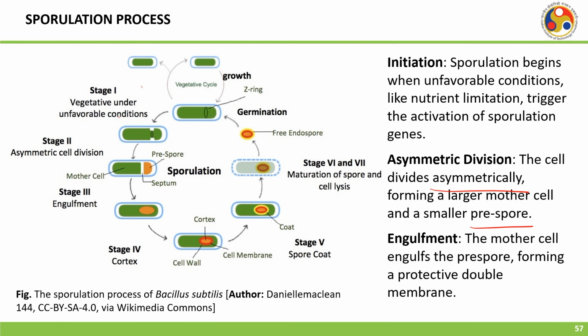The next stage, stage 3, is the engulfment stage, where the mother cell will engulf the pre-spore and thereby form a protective double membrane. So, this is the mother cell and this is the pre-spore.